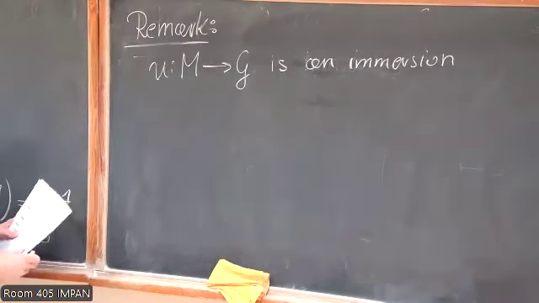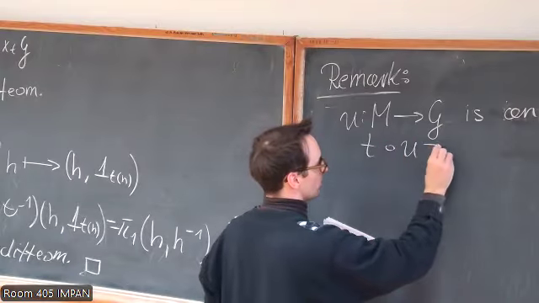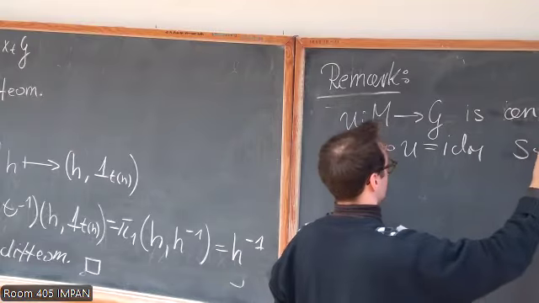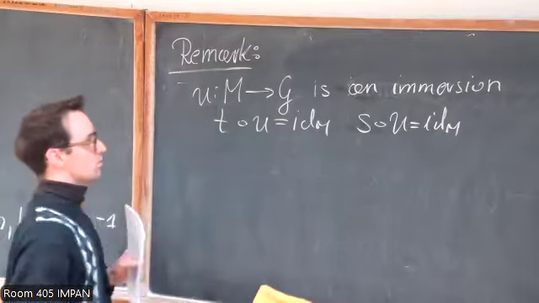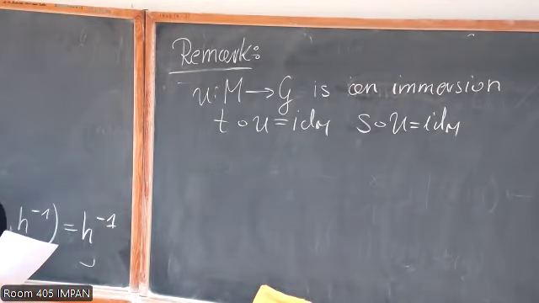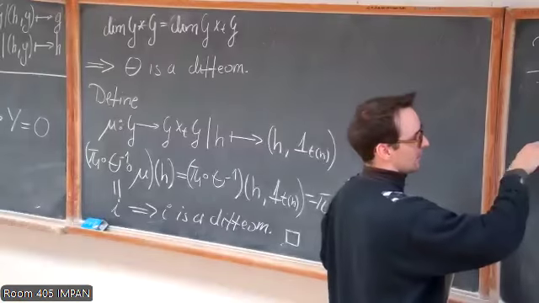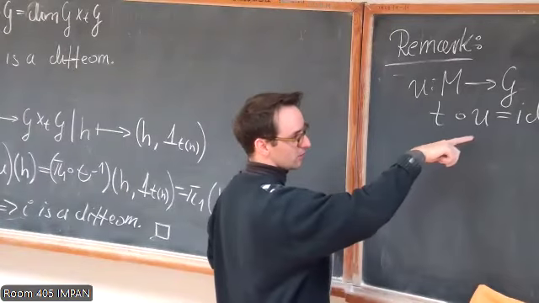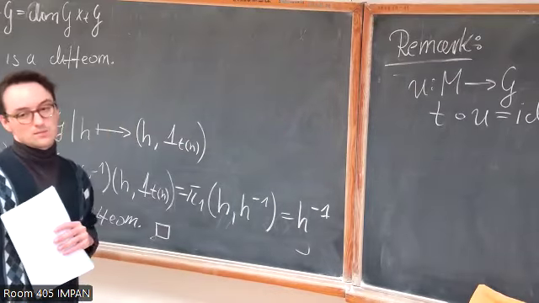And because the target composed with mu is the identity of M, in the same way, and the same with source. Now, using the tangent functor on this, we get the limit of the immersion.